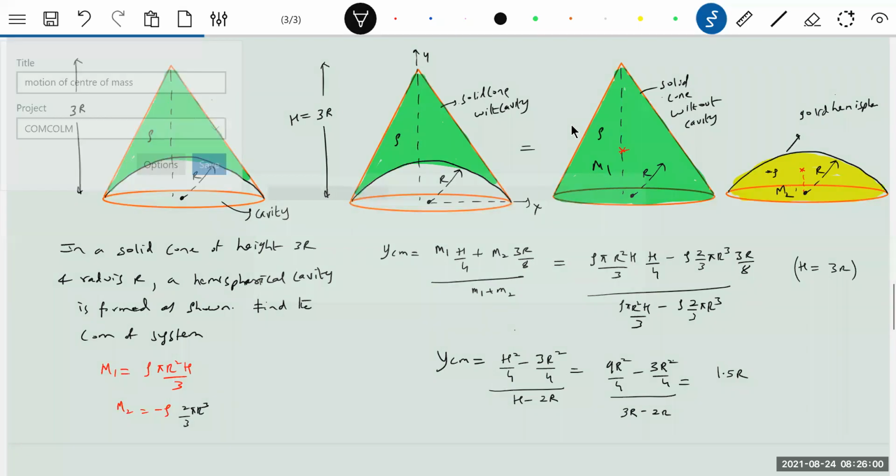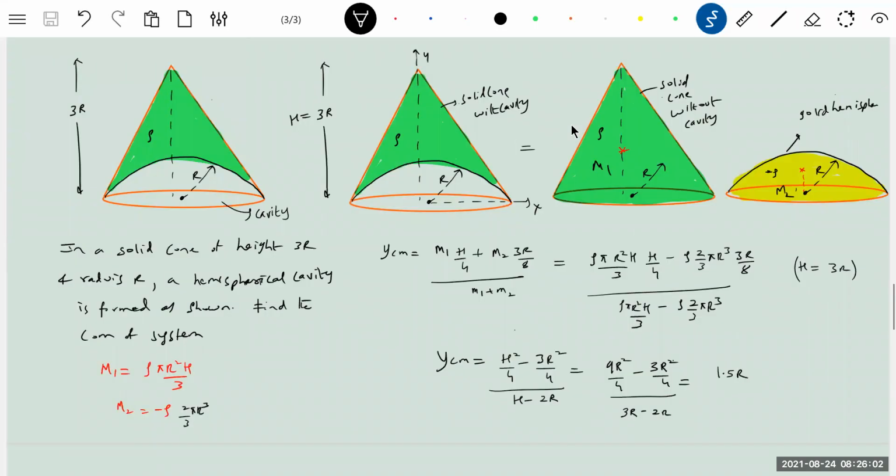So now, in any object I can remove any other shape, no? So you have quite some independence rather than fighting with the book. Take some solid object, remove some well-defined geometrical shape, then you can find where the center of mass will be.